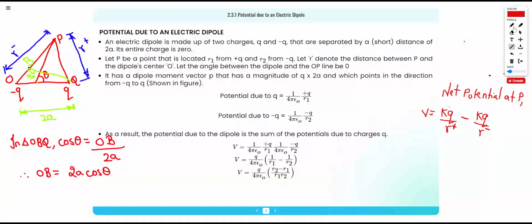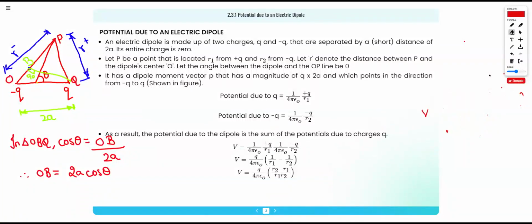Okay, so once more. What do we have to find? We have to find the net potential at point P. So we have to find this V. How will you find V? You will find V by the influence of both charges, which are the plus charge and the negative charge.